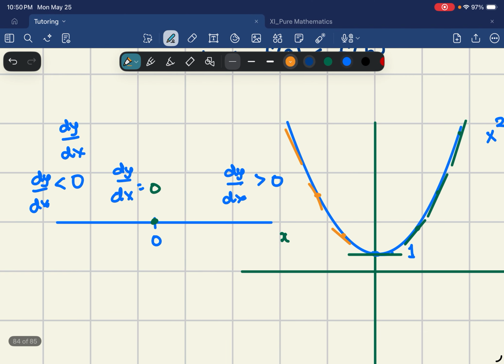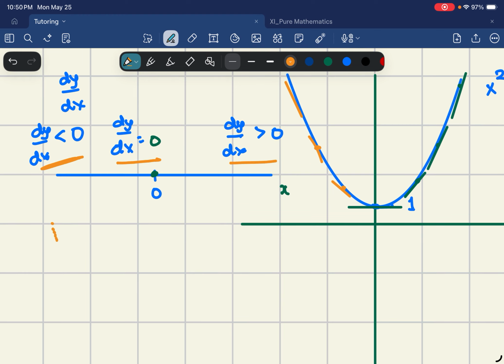And if you think about it, right, here the function is decreasing. Then the tangent line has 0 gradient, and then it starts increasing. So think about it. Your function is decreasing, decreasing, decreasing. Your tangent line becomes flat, and then your function starts increasing. So this information also helps you to get an idea of how your function looks like, right?